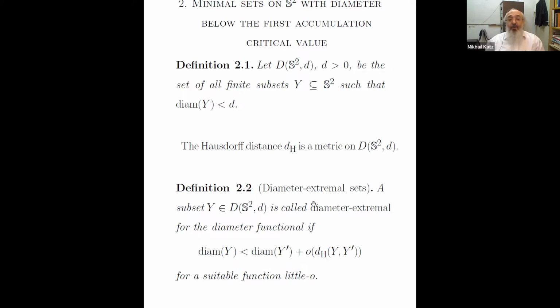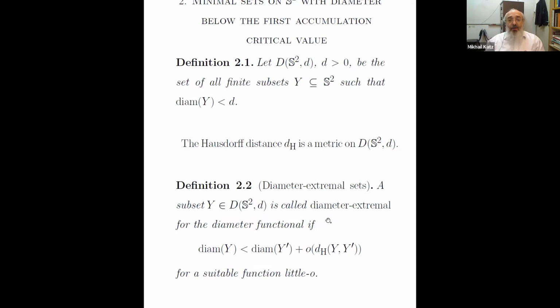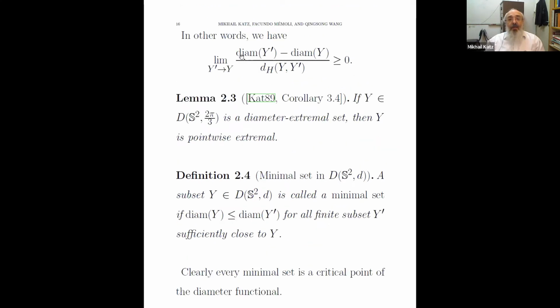In other words, for those who don't like little o's, you can write it as a limit. The diameter of Y prime might not be literally bigger than that of Y, but it's almost bigger. If you divide by the Hausdorff distance, then the limit is going to be bigger than or equal to 0.